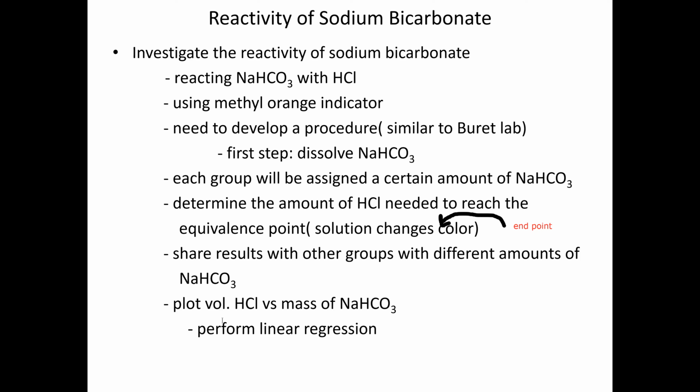And then you're going to plot the volume of HCl versus the mass of sodium bicarbonate, making sure that you use the XY scatter plot with markers only, and then perform linear regression to see if there's a linear relationship between the amount of sodium bicarbonate used and the volume of HCl used. So again, you'll be plotting using an XY scatter plot, markers only, what you've been using so far. And this is part 2. So I'm going to show you this next, how to do part 2 of experiment 2.